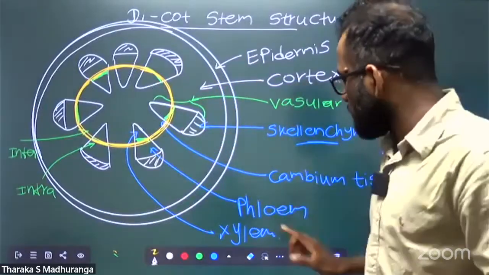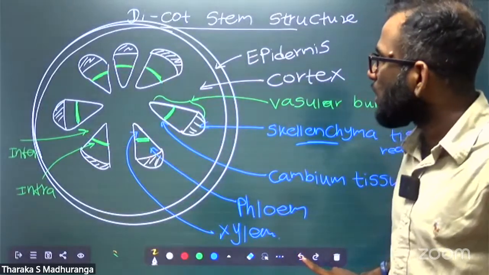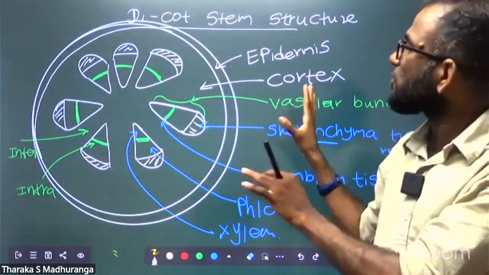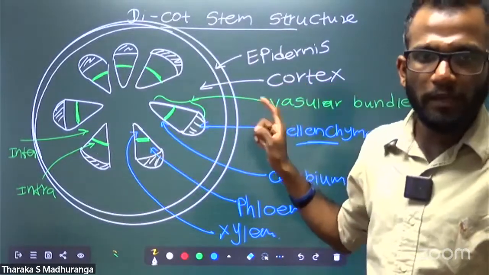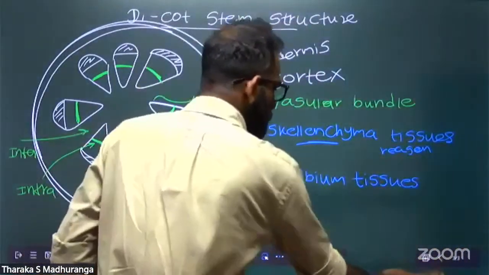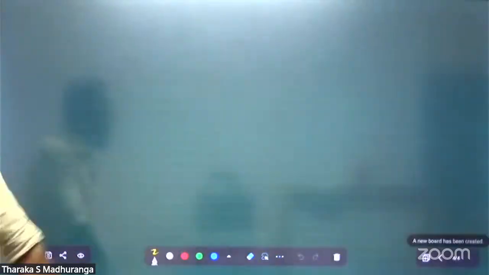Up to now, that is the primary growth of the plant stem. Then let's go to another diagram to understand the secondary growth of the dicot plant stem.